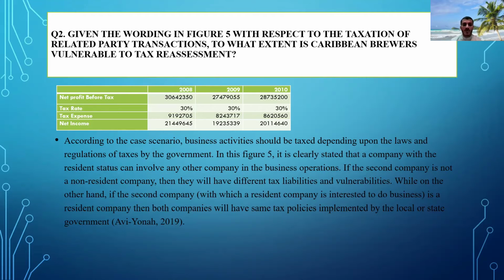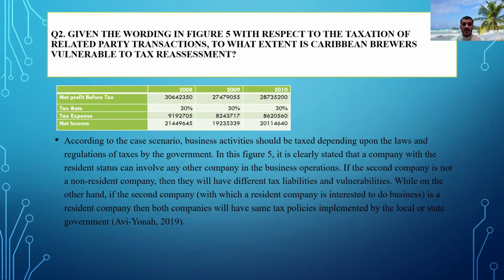Net profit before tax in 2008 was 30,642,350, while in 2009 was 27,479,055, while in 2010 was 28,735,200.